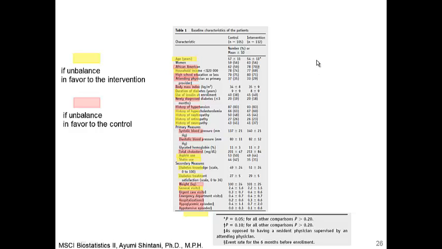Okay. So by looking at this, I would say these two groups are pretty much balanced. In fact, very well balanced. Age may be statistically significantly different in favor of intervention, but there are other factors where imbalanced directionalities go in favor of the control, so they cancel out.